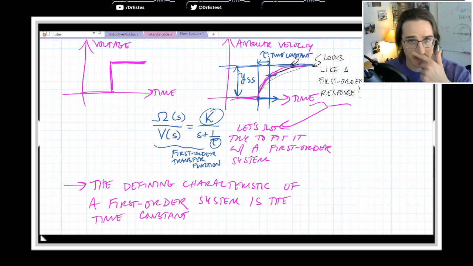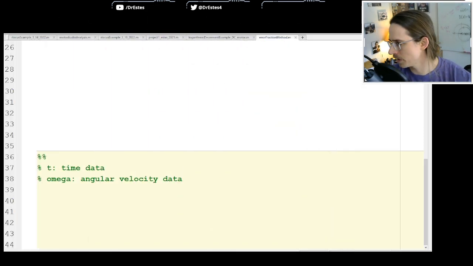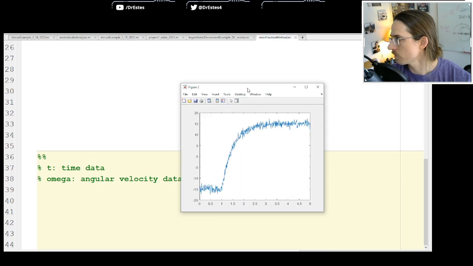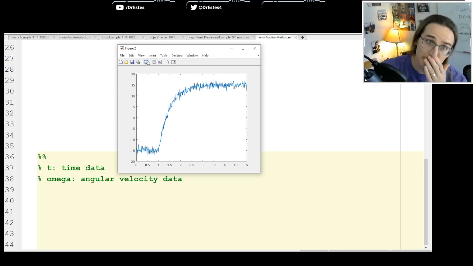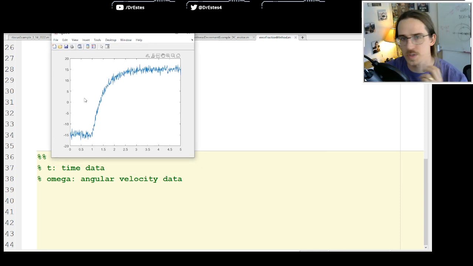I'm going to show you a way to estimate the time constant. I'm going to go over to Matlab because I have some data here, because you're going to be analyzing this kind of data in Matlab. So I want to show you a technique in Matlab. Here I have a graph, and this is supposed to represent some experiment.